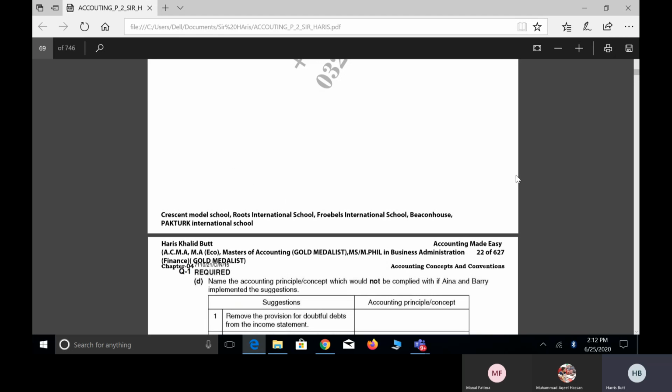So the next chapter which we will discuss. Till today, what we have done, Akhil, we have done till 10 chapters of the book. Then we have also gone for chapter number 24, which belongs to capital and revenue expenditure. We will do 23 and 25, which are provision for doubtful debts and depreciation.